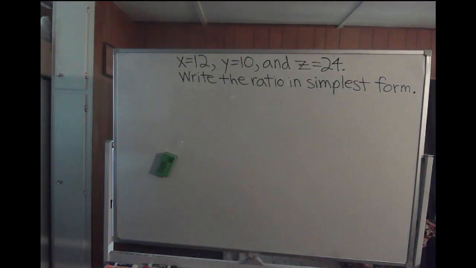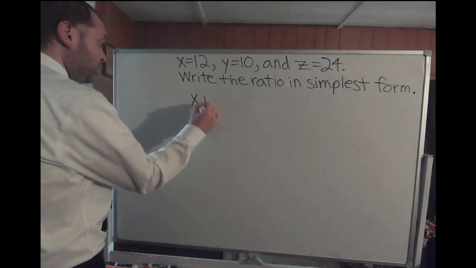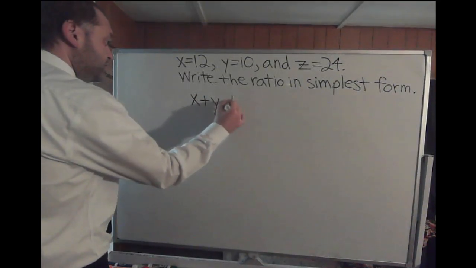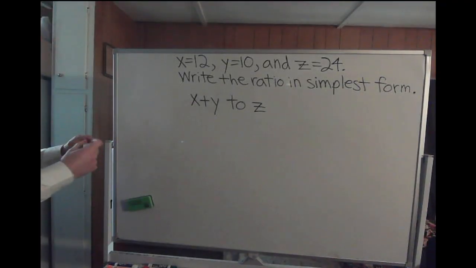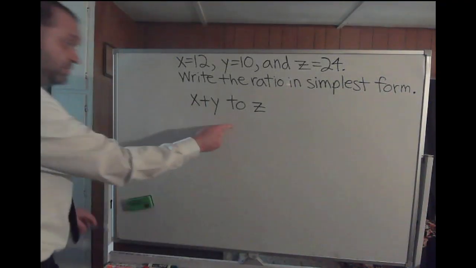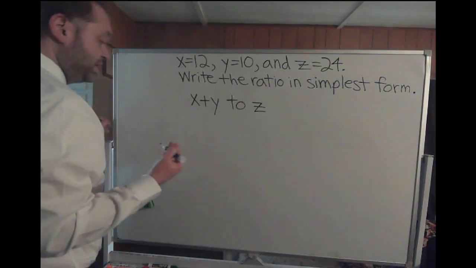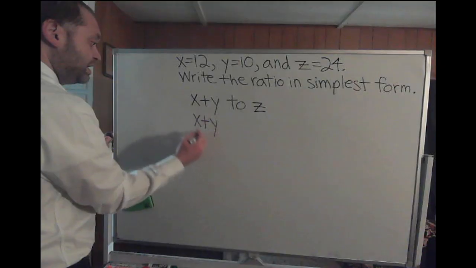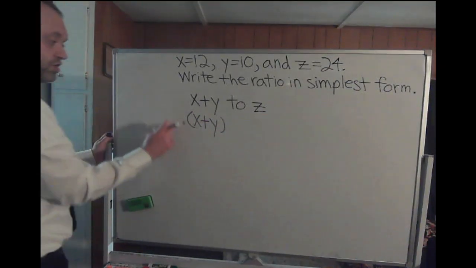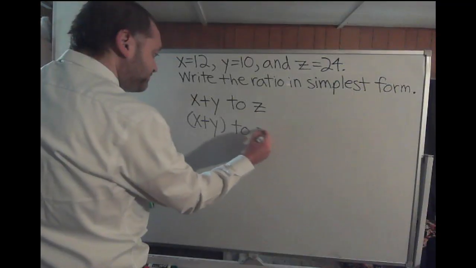Alright, there's a fun one. We have x plus y to 2z. So we have the ratio of x plus y to 2z. Well, this tells you here that x plus y is going to be your numerator. You could put parentheses around that if it helps you, 2z.